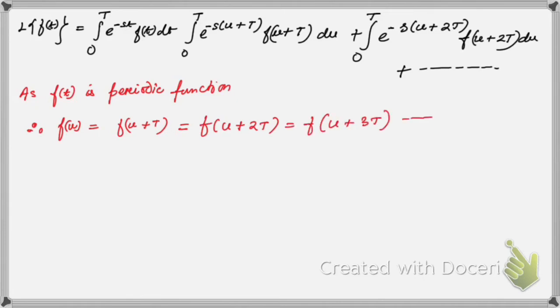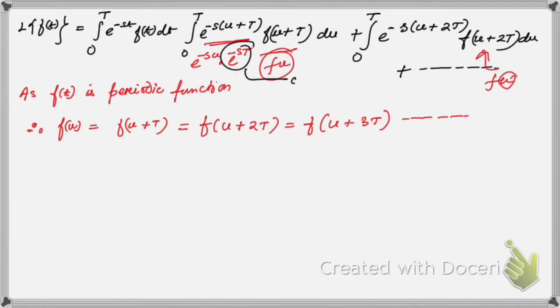So in this result, we can write this one as f of u, this one also f of u, and here you see e to the power minus s times (u plus capital T) can be written as e to the power minus s u into e to the power minus s capital T, right? So we can consider here u as the variable and e to the power minus s capital T as a constant.